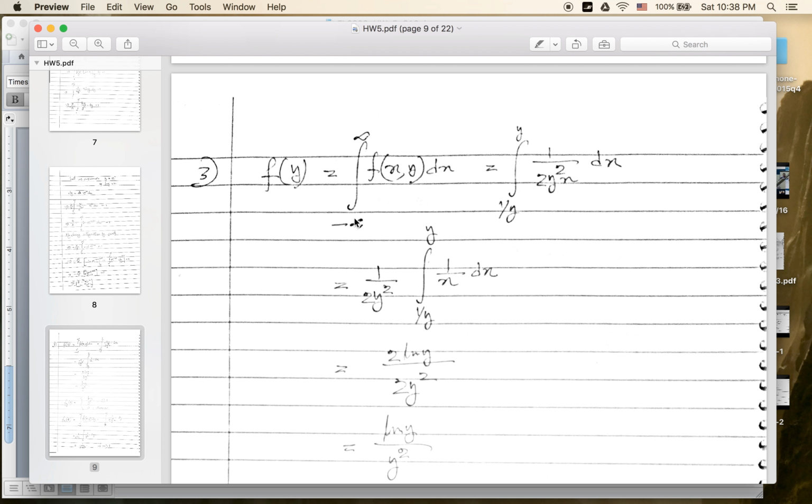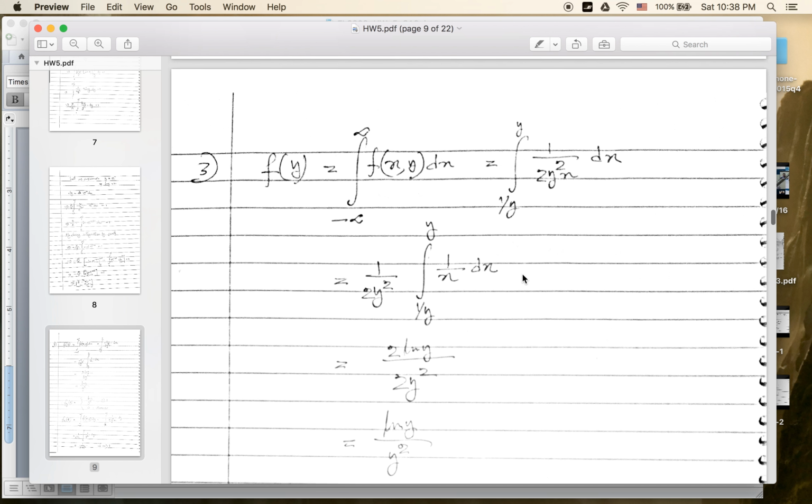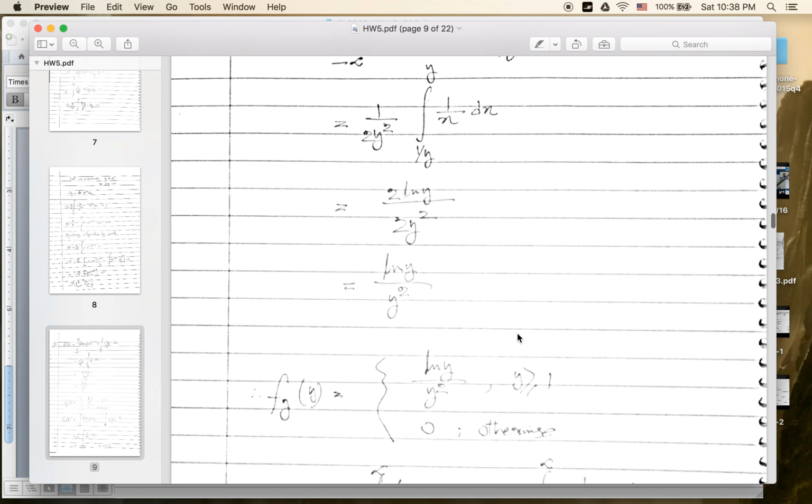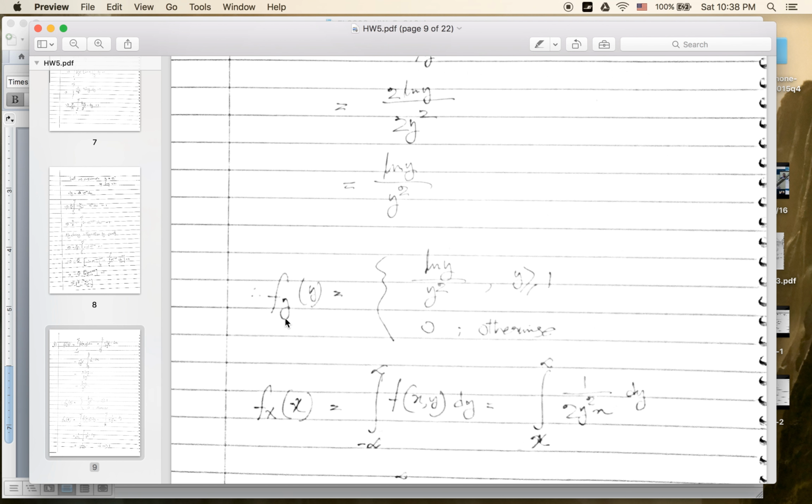We integrate from minus infinity to infinity f(x,y) with respect to dx, and so the limit is changed from 1 by y to y, 1 by 2 into y square x, and after integrating we get that fy is defined as ln y by y square. So fy can be written over two different intervals. If y is greater than or equal to 1, then it is ln y by y square, or it is 0 otherwise.